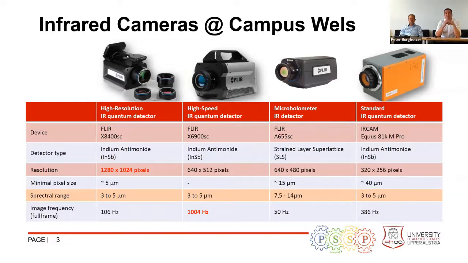But we also have very fast cameras, like this high-speed infrared camera with more than 1,000 frames per second. The others are very cheap cameras for some industrial applications, and we also have the possibility to do some spectroscopy with this camera with filter wheels.